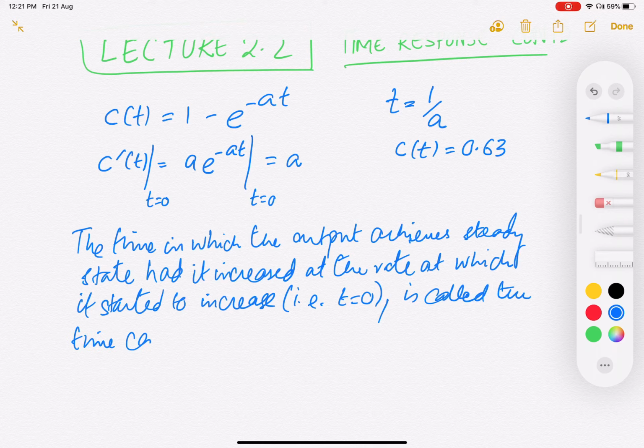So that is why this seems to be a technically more sound definition as compared to saying that the output becomes 63% of its steady state value, or the natural response decays to 37% of its initial value. So this is another way to understand the time constant.